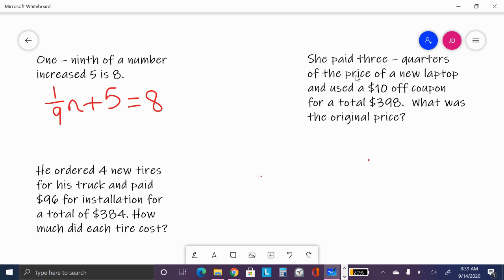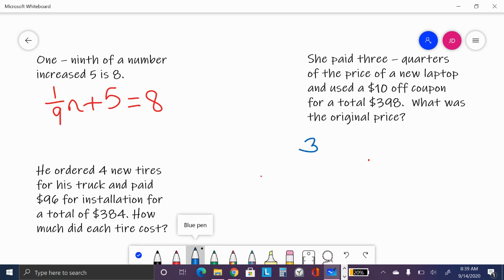So 3/4 of the price of a new laptop can be written as 3/4, and you don't always have to use N. You can use P, 3/4 P, 3/4 times P. $10 off means you subtract 10 from that price for a total of $398. So $10 off, I know I have to subtract 10 for a total of $398.